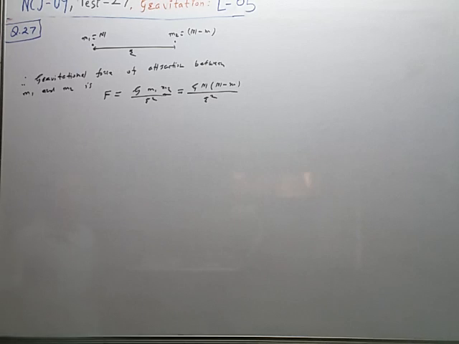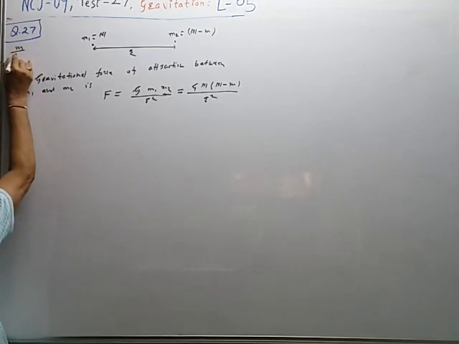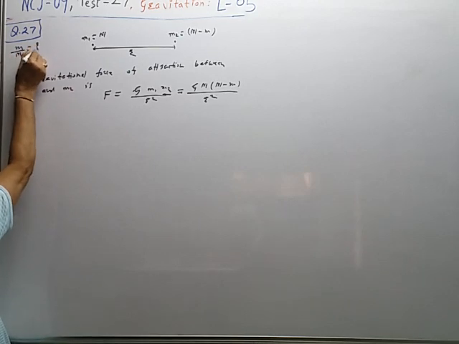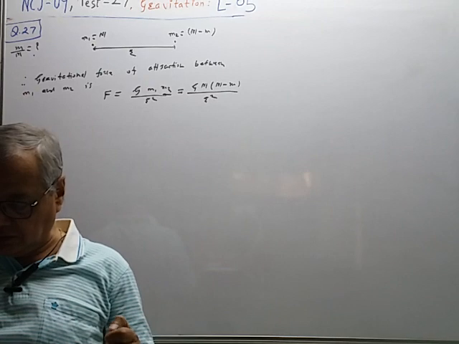So you have to find the ratio small m upon capital M. Small m upon capital M is equal to question mark.